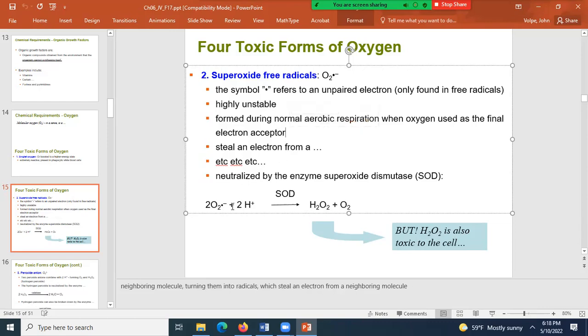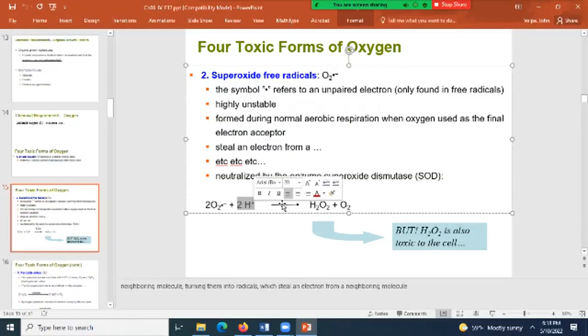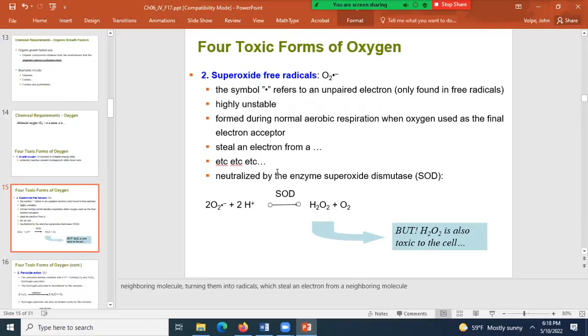For example, 2 superoxide free radicals are combined with 2 hydrogen ions in the presence of the enzyme SOD, which is superoxide dismutase.